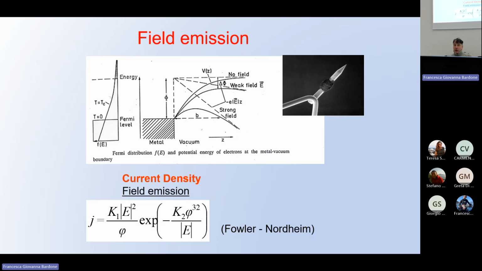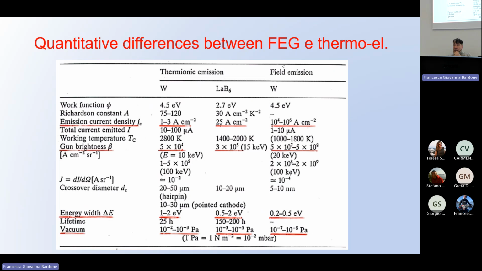In this case, you have a very, very high current density, lots of electrons. Look at the comparison of the quantity of electrons: conventional gun brightness 10 to the 4, field emission source 10 to the 8, 10 to the 7. So much more electrons than in a conventional microscope.